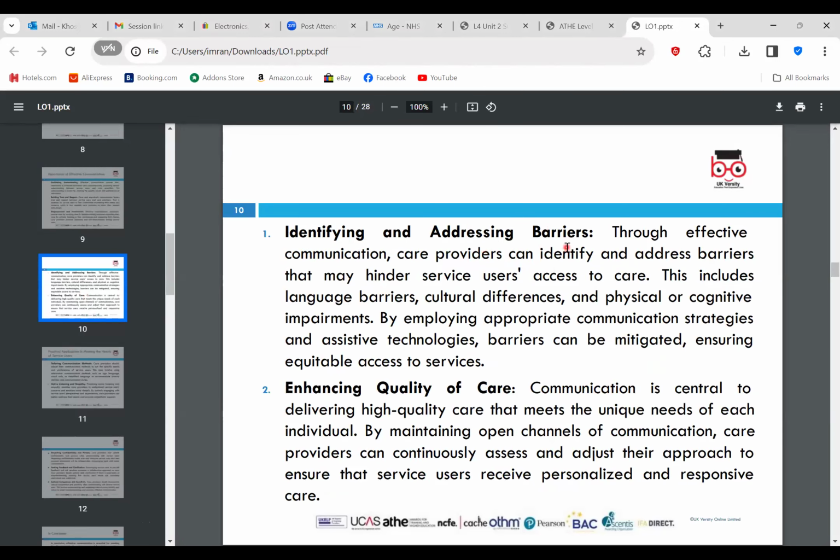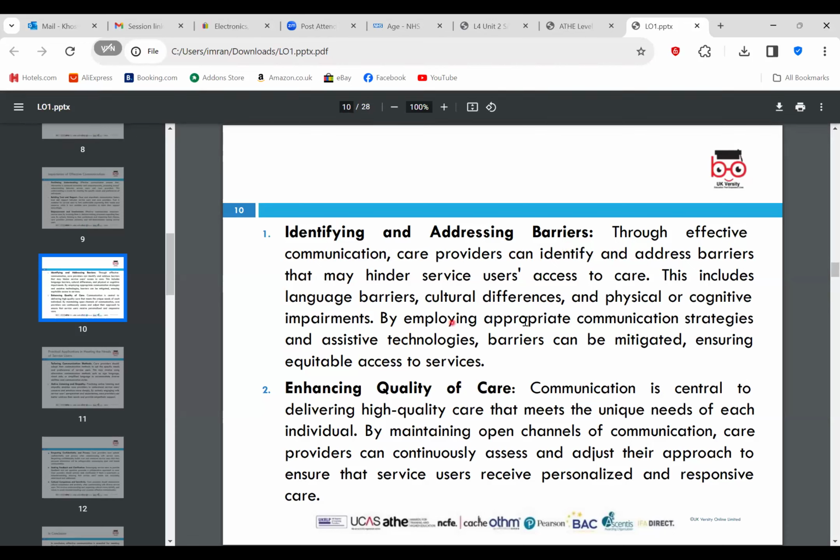Identifying and addressing barriers. There are different barriers to communication. We talked about cultural, language and physical barriers. How would the other person understand if you're using certain terminologies? That barrier is always there. We use lots of jargon. We, as healthcare workers, are used to it, but it should be avoided as much as possible.